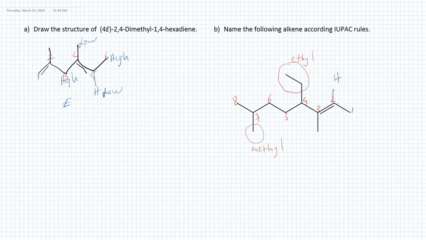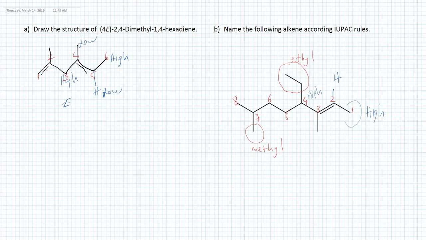We have 3 substituents around the double bond, so we cannot have cis-trans. We can have the E or Z system. Which one, E or Z? We can decide based on priorities. Again, methyl versus hydrogen, so methyl has high priority, and methyl versus a longer alkyl chain, this part has high priority, and the high priorities are on the opposite sides, so this is again an E isomer.